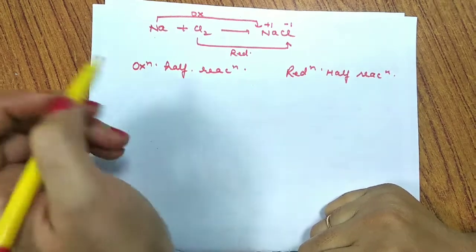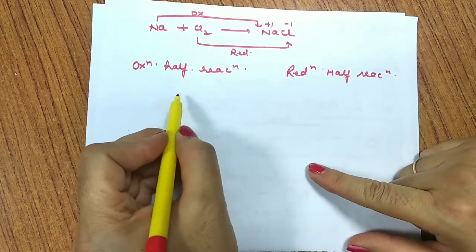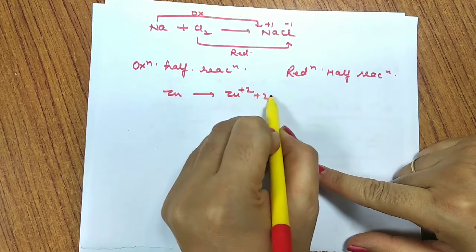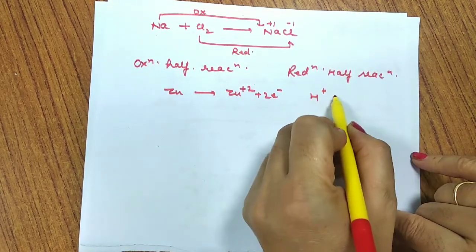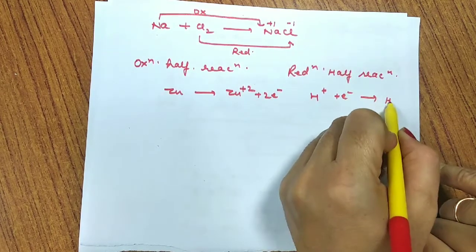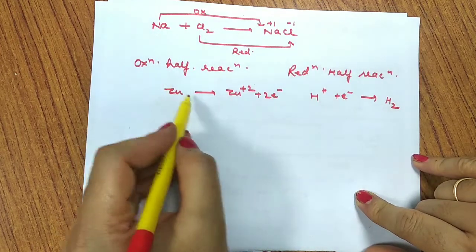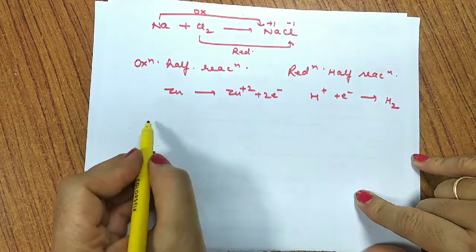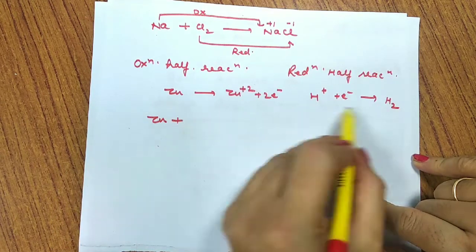Clear? Now I'll give you one reaction and you tell me how the reaction takes place. Suppose zinc loses electrons, and H plus ion gains electrons and forms H2. Here loss of electron takes place, so it is the oxidation half reaction. This is the reduction half reaction. If I combine these two, I get Zn plus H plus.